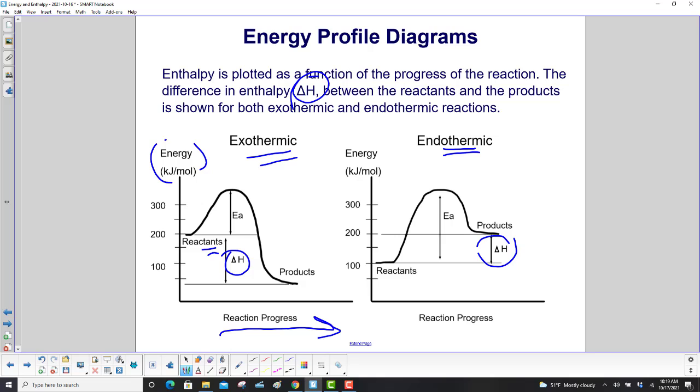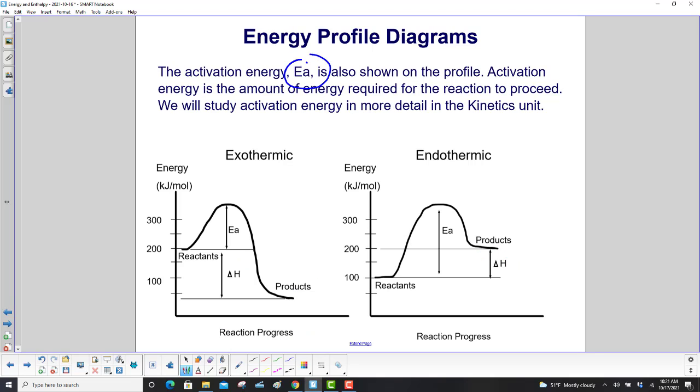Here are the reactants, here are the products. The activation energy is also shown on the profile. Activation energy is the amount of energy required for the reaction to proceed. We will study activation energy in more detail in the kinetics unit. So here's your activation energy here, and here it is over here for the endothermic reaction.